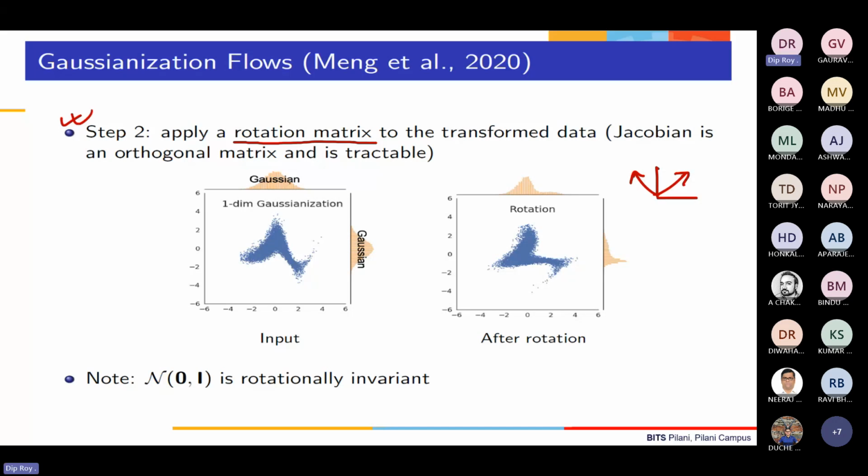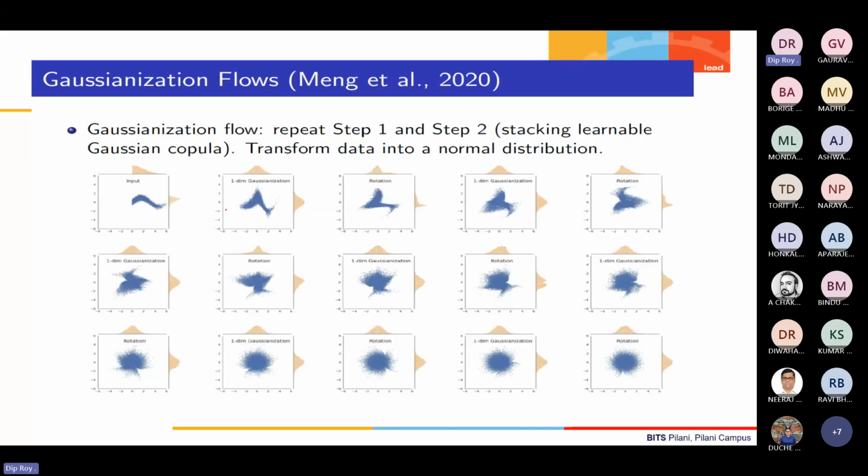Okay. Now, what will happen is you repeat these steps every time. So every repetition forces marginals to become Gaussian. And then that rotation essentially reduces the correlation a little bit more. And eventually, when you do a sequence of these, this is what it is going to reduce to.